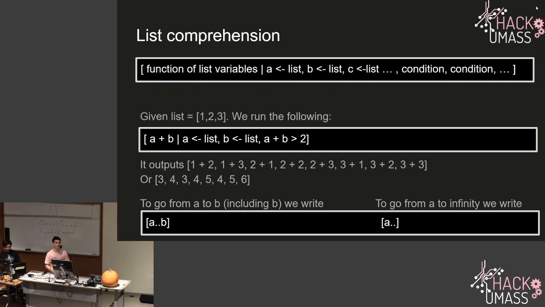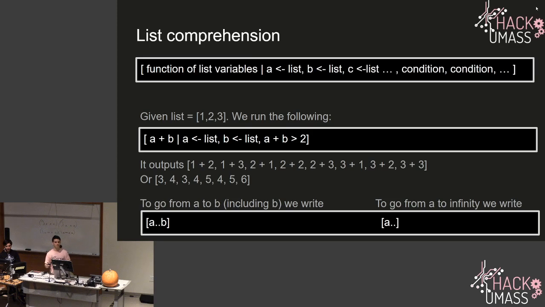Now, list comprehension. This is a very powerful tool which allows you to quickly generate lists of information with a certain pattern. The way it works is you first specify what you're doing to the list variables. It can just be itself, but you can also do some functions or some manipulation to them. Then you write a bar, and then you say where you're getting these list variables from.